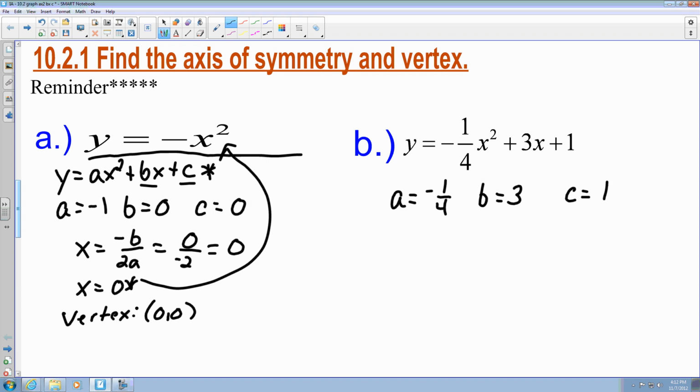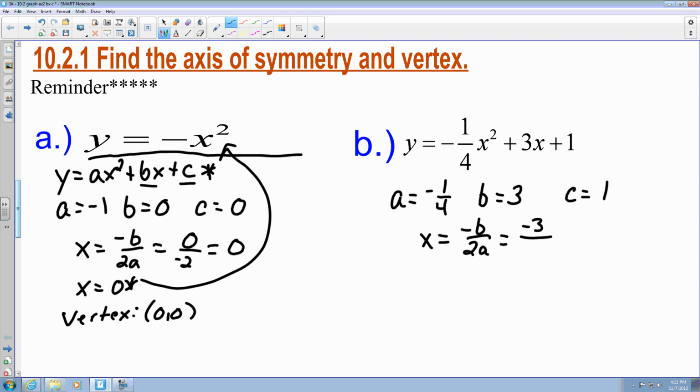Now, next I'm going to attempt to find the axis of symmetry. So I'm going to use my x equals negative b over 2a, substitute in my b, which would be 3, but I have the negative here.